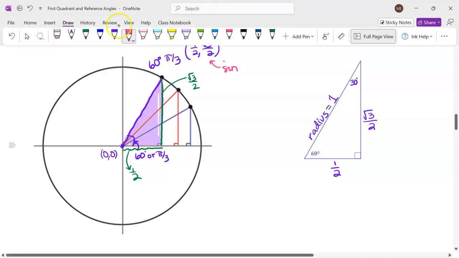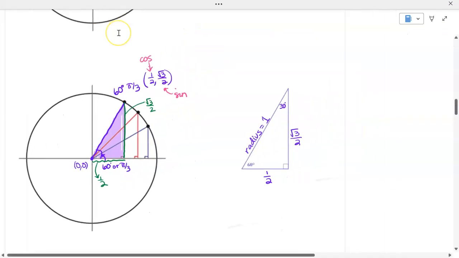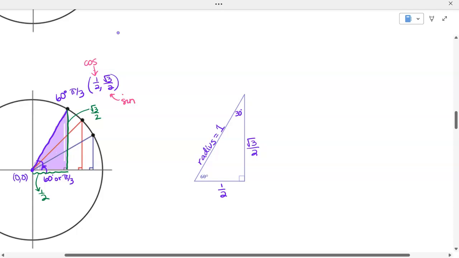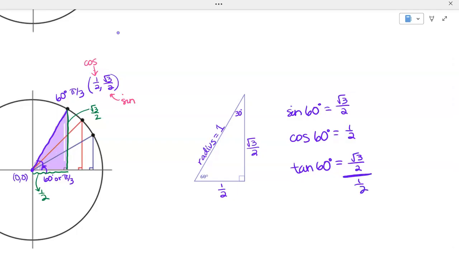Now, what we haven't done so far is find our cosine, sine, and tangent using this unit circle triangle. So my sine of 60 degrees is just going to be opposite over hypotenuse. So that's going to be square root of 3 over 2. Our cosine of 60 degrees is just going to be 1/2. And our tangent of 60 degrees is going to be opposite over adjacent. So square root of 3 over 2 over 1/2.